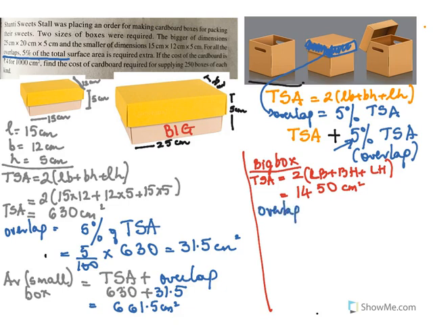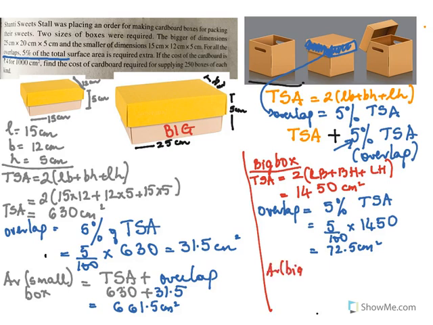This box requires TSA plus overlap. We know overlap is 5% of TSA, that is 5 over 100 into 1450, and that works out to 72.5 centimeters square.